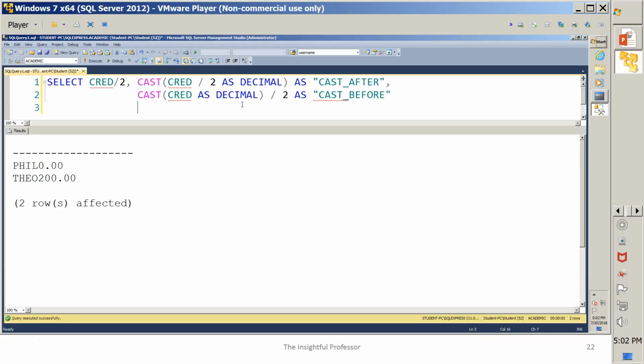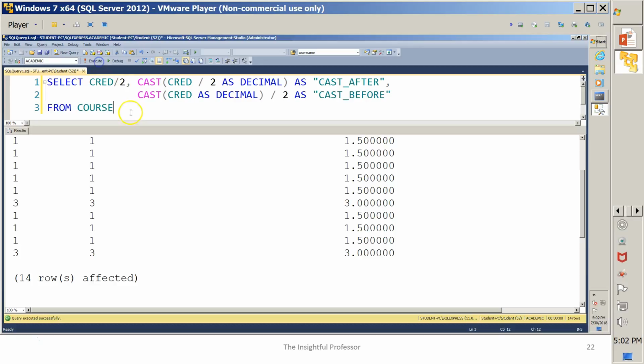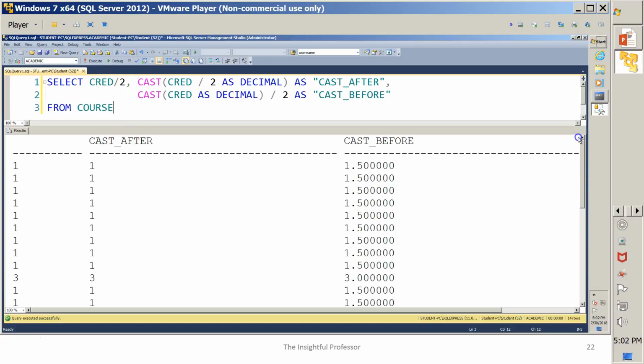And we select that from the course table. Okay, fire that up, and here's what happens. The first one, cast after, said take cred divided by 2, and it would seem as though the as decimal should have an effect. But what it's doing is it does a straight left to right scan, evaluates the expression, but it doesn't give me the decimal effect I'm looking for.